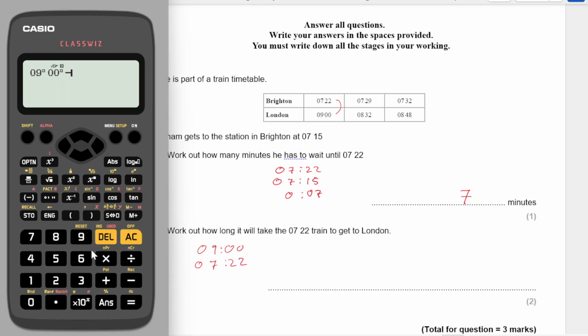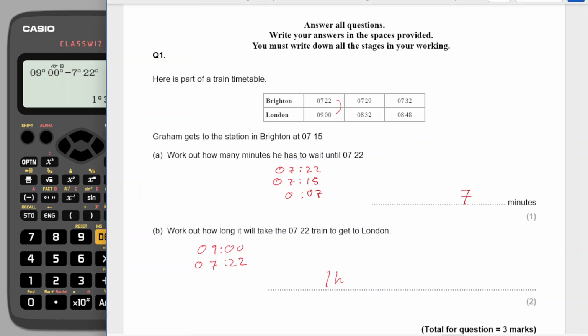And from that we want to subtract, we don't need the 0 really, 7 hours and 22 minutes. And then it will automatically work it out: 1 hour and 38 minutes. That's the seconds, but we don't deal with seconds. So how long will it take? I'm going to go 1 hour and 38 minutes.